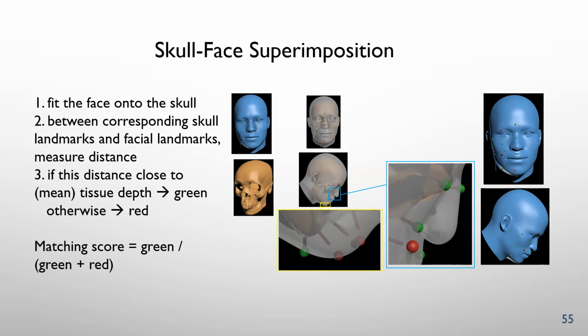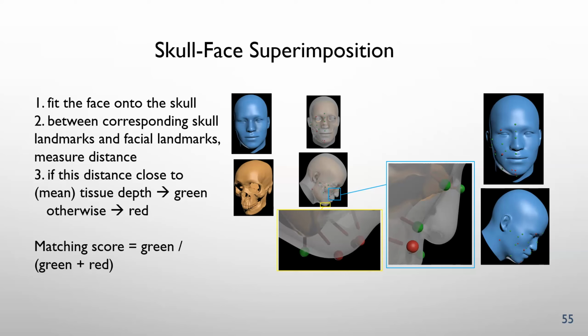If this distance is close to the mean tissue depth, then we consider this a normal region. We put the green points. Otherwise, if the tissue depth is outside the normal range, then we consider this region to be not well matched. We put the red points here.